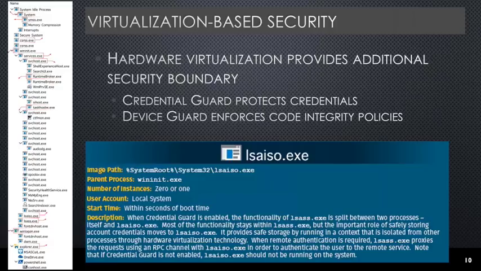One of them is LSA-ISO, and that's the new process that takes over some of the functionality of LSASS. So these 2 processes now work in tandem to handle authentication and to safeguard your credentials.